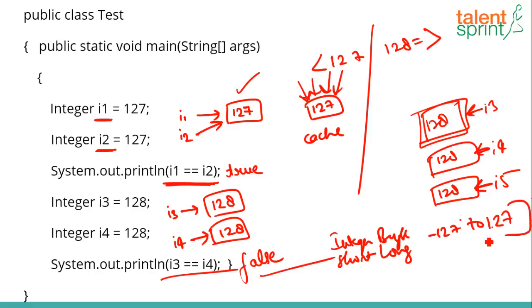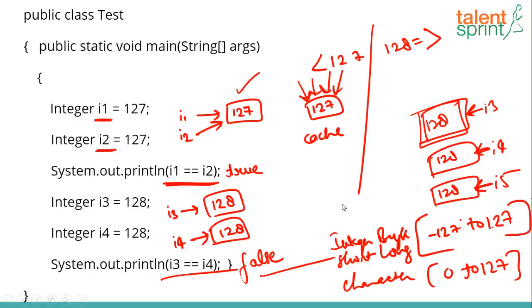So in this range, the value is stored in the cache. For character, it is 0 to 127. Okay, fine. Let's jump on to the next question, guys.